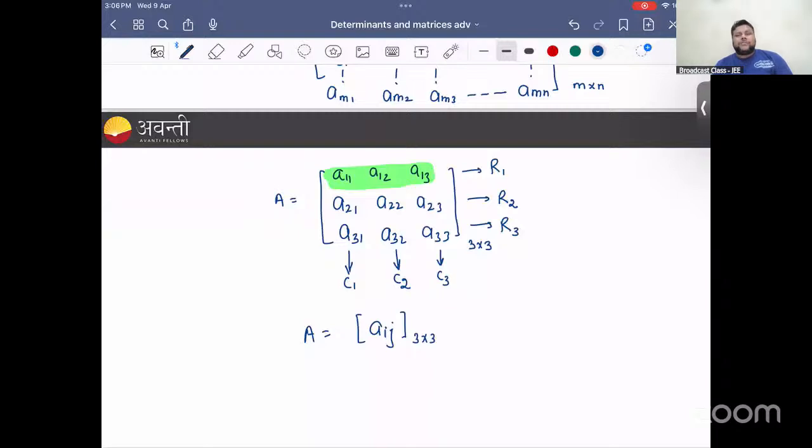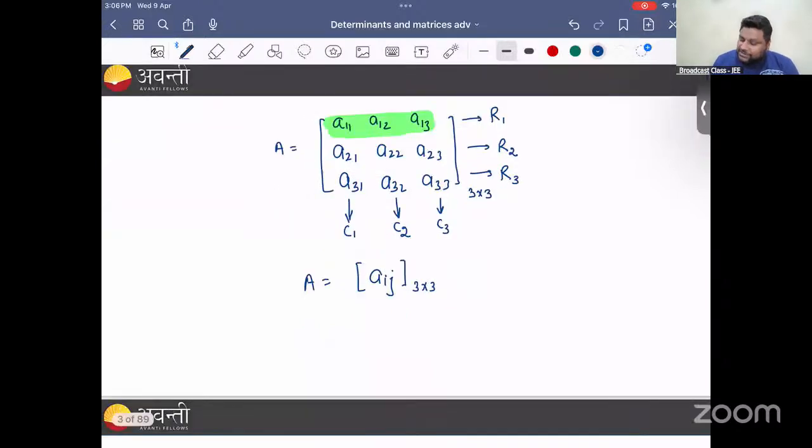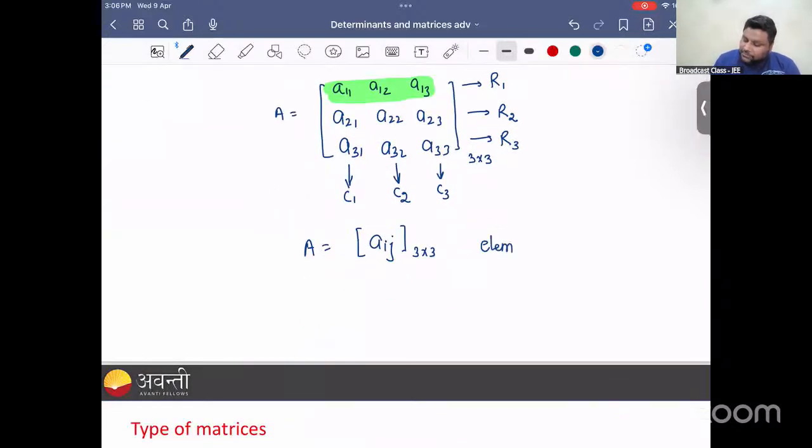So that is also sufficient to write. Aij means what? Element of the ith row and jth column. So Aij is the element of the ith row and jth column.